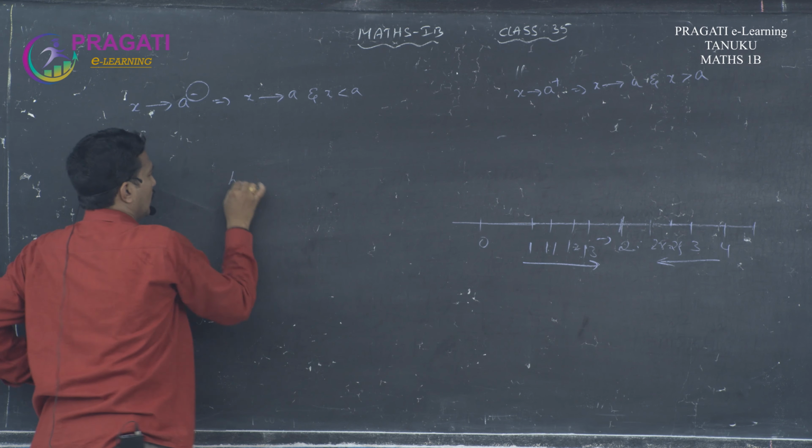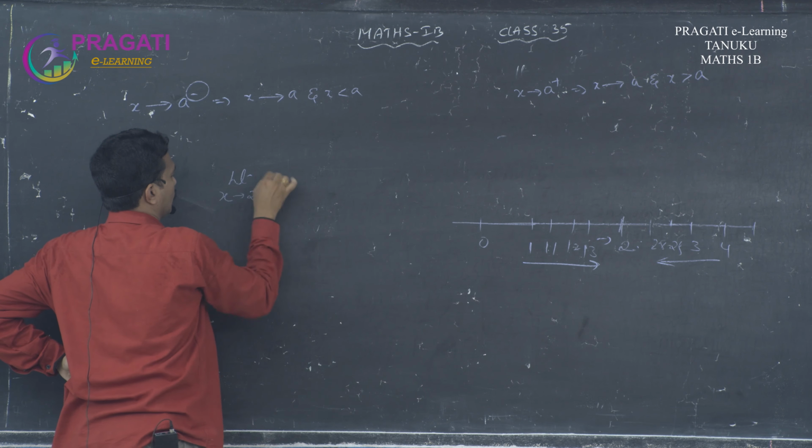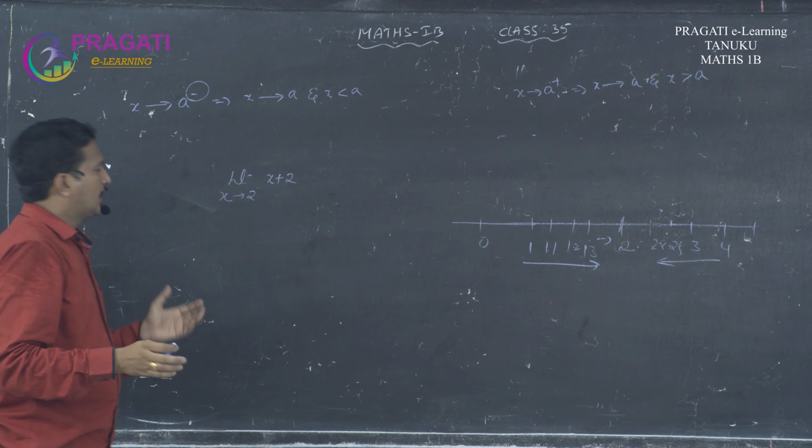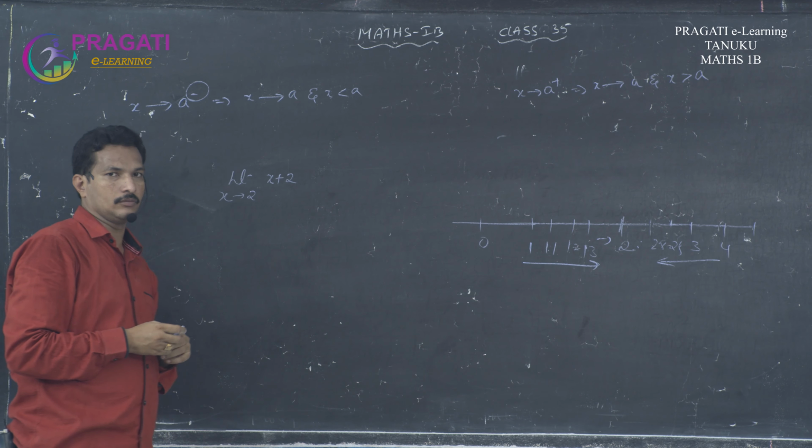Okay, suppose let us take a function, limit x tends to 2 of x plus 2. In the previous section, we used direct substitution, putting x equal to 2.